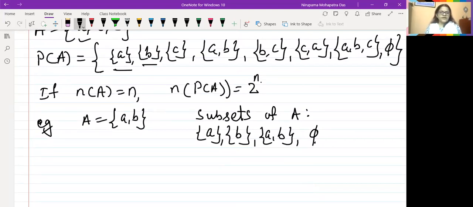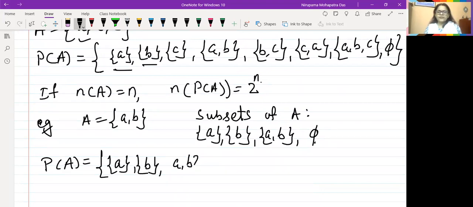So if the question is find the power set of A, then what you have to do? You have to take all the subsets as elements of the power set. So you have to see the language of the question.